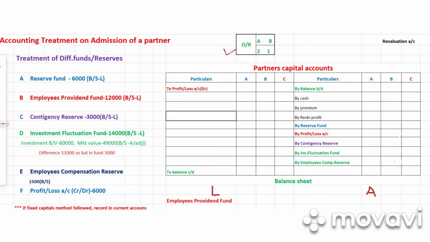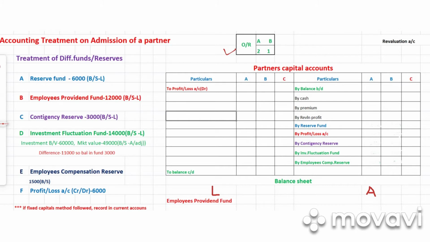So no need to calculate any new ratio or sacrifice ratio, because the sacrifice ratio is purely meant for the accounting treatment of goodwill. So here we have taken only the old ratio, right? Now let us see these items once again.